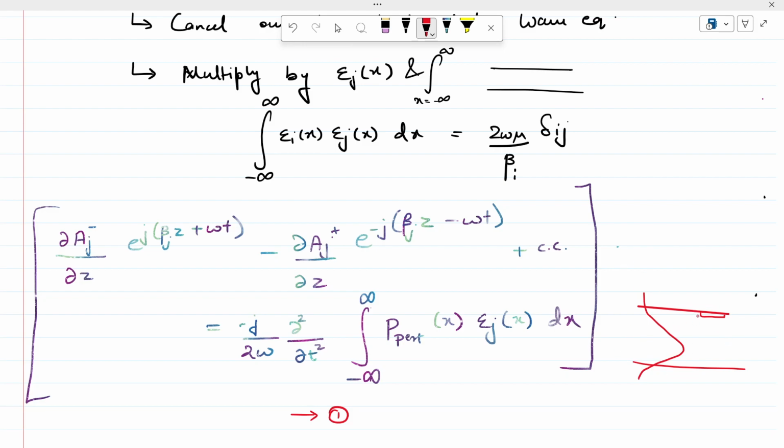However, if the perturbation is large and my mode is strongly overlapping with the perturbation, then the coupling of this mode to some other mode will be higher. So the change in the mode amplitude will be higher when the perturbation has an overlap with the mode. So that is the idea.